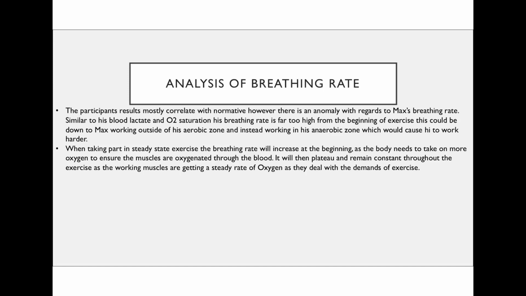When taking part in steady state exercise, the breathing rate will increase at the beginning, as the body needs to take on more oxygen to ensure the muscles are oxygenated through the blood. It will then plateau and remain constant throughout the exercise as the working muscles are getting a steady state of oxygen as they deal with the demands of exercise.